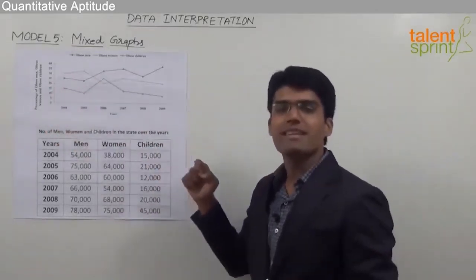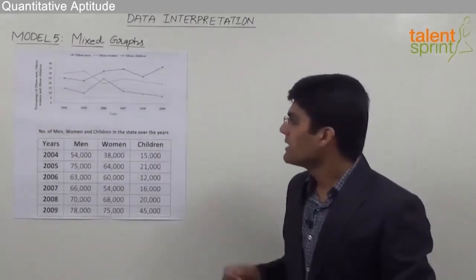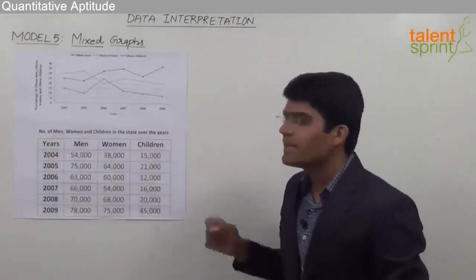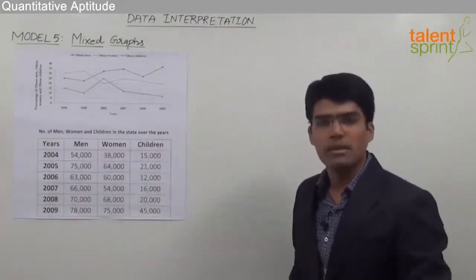The obese women were 30% and obese children were 15%. So very easily we can identify what percentage is for women, men and children from the given graph. Now the table here shows the number of men, women and children in the state over the years. So from 2004 to 2009, the number of men, women and children has been given here.